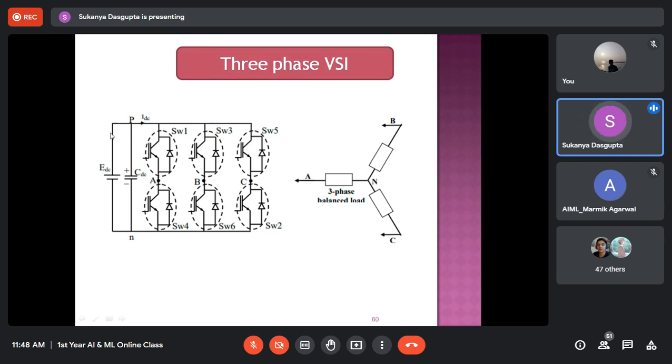It will again be sent back to the positive DC supply. So these two paths are not the correct directions.